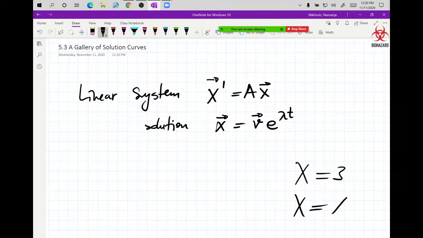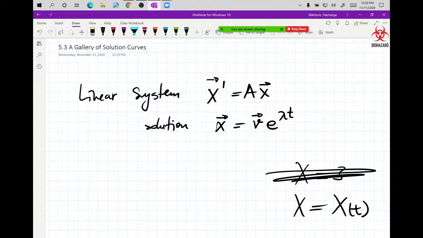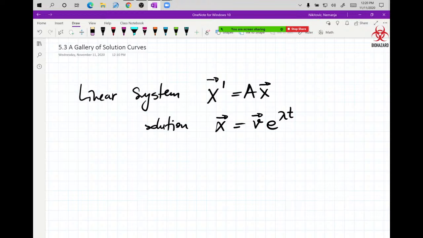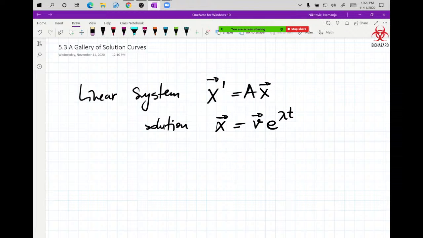This x is x of t. It's a function of t, because we are no longer in algebra. When I write x, I mean x of t. When I write y, I mean y of t. So anytime you see x, you know it's x of t, which is a function of t. So all of these here are functions of t, and they are unknown.